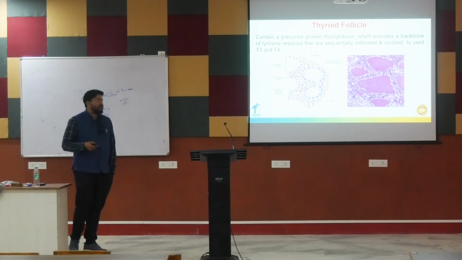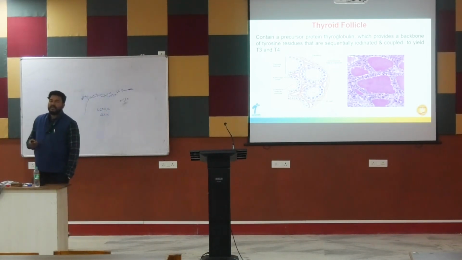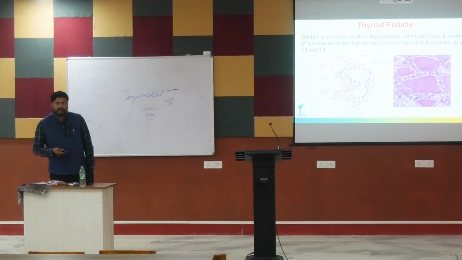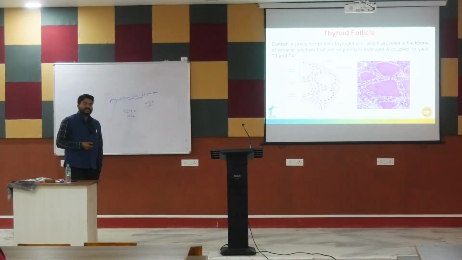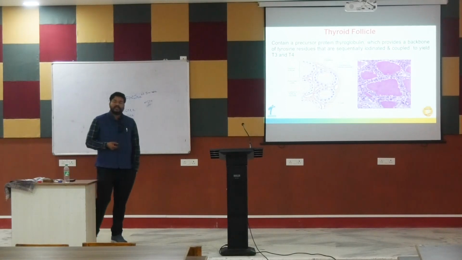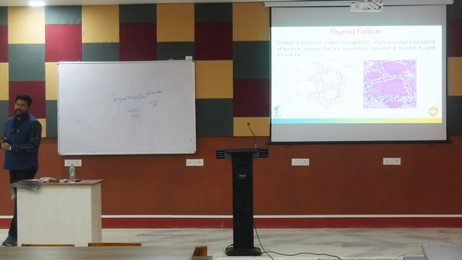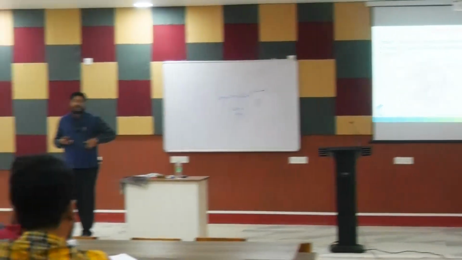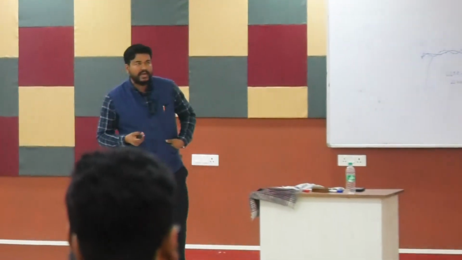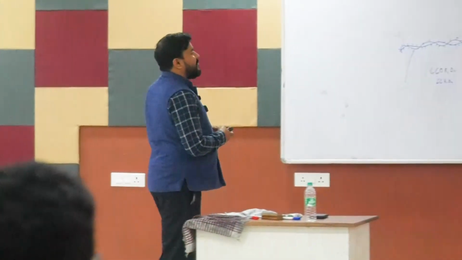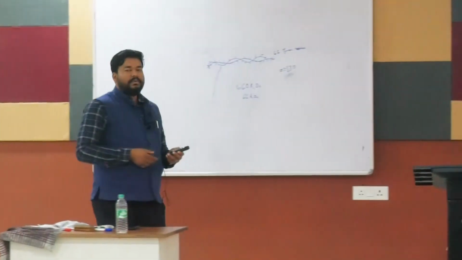How is thyroid hormone synthesized? You have learned in physiology, remember? What is the first step in thyroid hormone synthesis? Iodine uptake. Iodine uptake as which molecule? Iodine or iodide? Yes, iodide. And what is the name of the transporter?